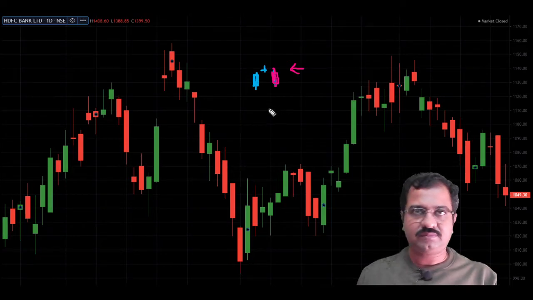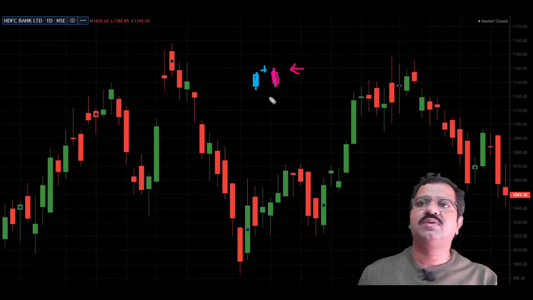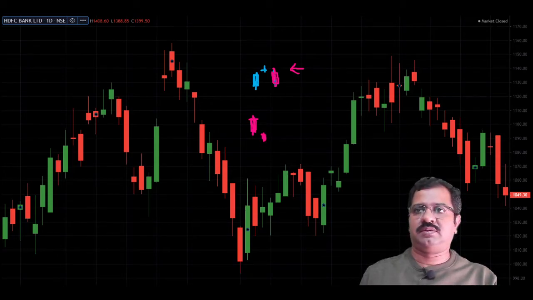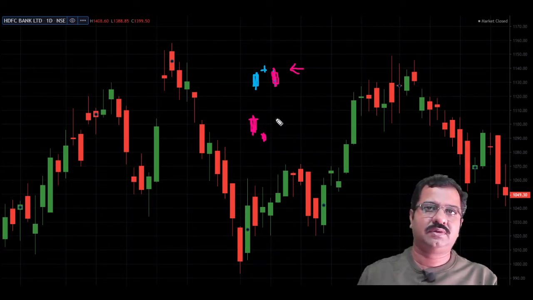Similarly, if prices are going down, so this is a bearish candle, and then some small candle forms here. Okay, and then some bullish candle forms here.